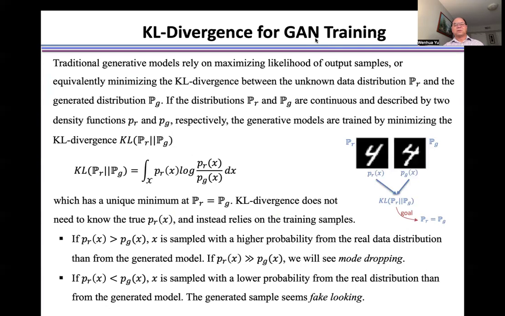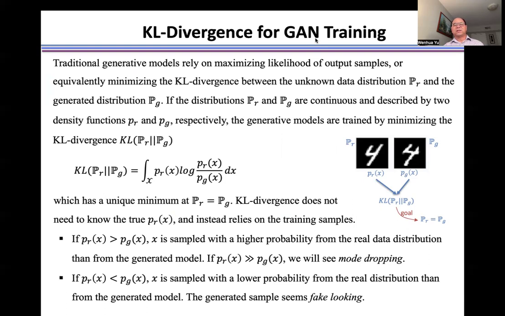Traditional generative models rely on maximizing likelihood of output samples, or equivalently minimizing the KL-Divergence between the unknown data distribution PR and the generated distribution PG.